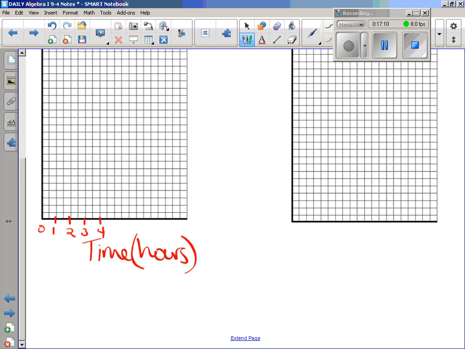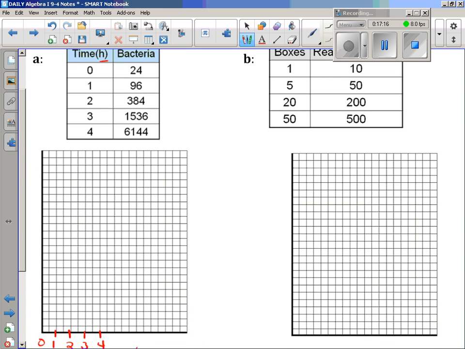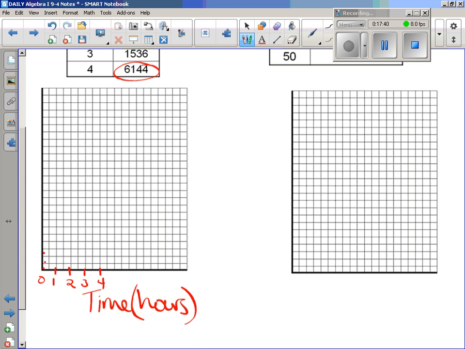So time in hours. Now, to figure out what I'm going to do on my vertical axis, I'm going to take this number and divide it by the number of boxes that I have vertically. That's going to help me see what I need to make my scale on the vertical part of the axis. So I'm going to count the boxes. 1, 2, 3, 4, 5, 6, 7, 8, 9, 10, 11, 12, 13, 14, 15, 16, 17, 18, 19, 20, 21, 22, 23, 24, 25.